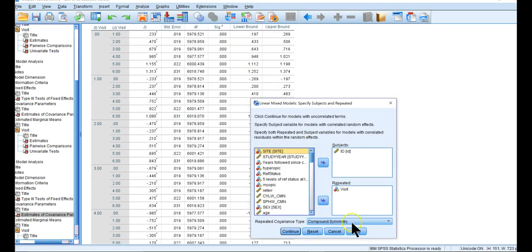Mixed linear. So an interesting thing about visits is you would expect that visit 1 would be correlated with visit 2 more than it would be correlated with visit 3. And visit 1 and 3 would be greater than visit 1 and 4.